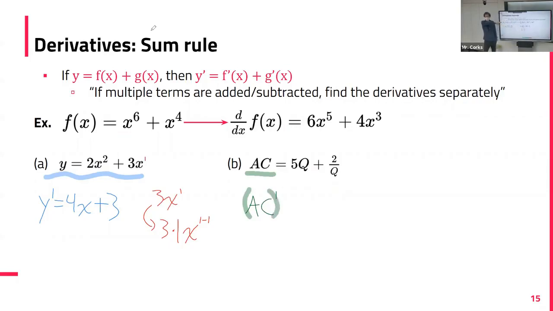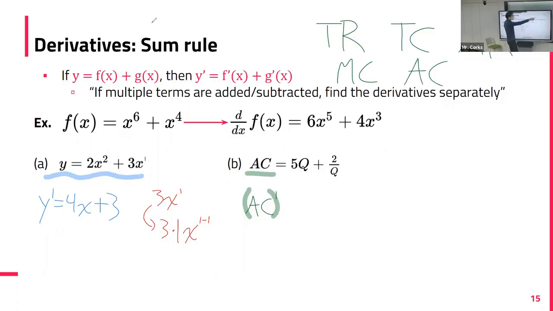In economics or finance, just like we had TR and TC, we'll have marginal revenue and marginal cost and average cost. There's lots of these that we're going to see. Like TR is total revenue. It's not two numbers. It's not two variables. It's just one thing. So that's the same thing happening with AC here. You are not going to see economics textbooks put brackets. They just expect you to remember it's one concept, not two, so no brackets.